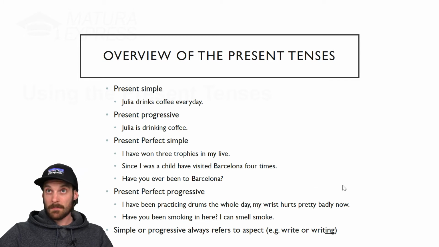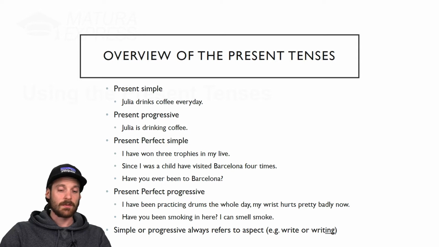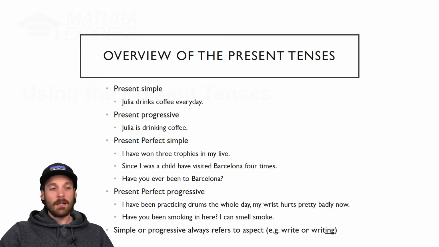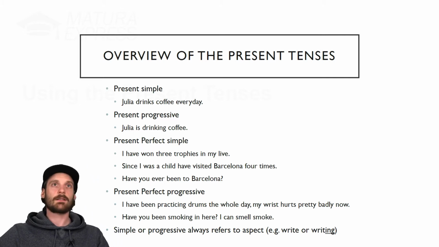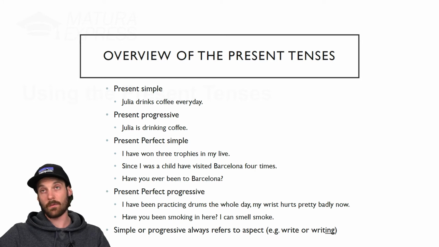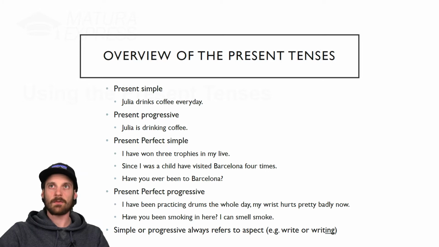As I've already said, simple or progressive always refers to the aspect. So, for example, go, going, write, writing, and so on. You know how to form it, I guess, by now. If you have any questions, of course, you can write us via the chat for this video, and we're gonna come back to it as soon as possible.